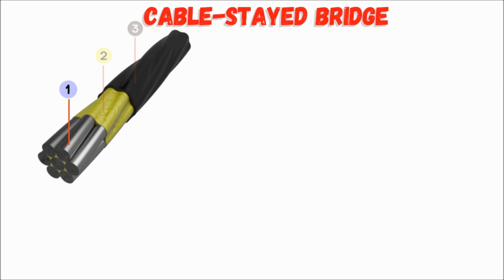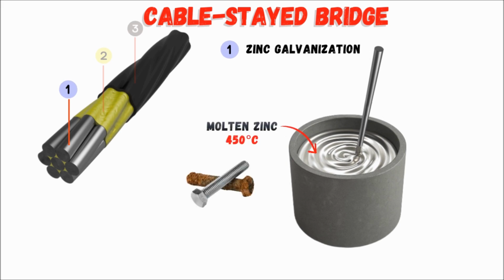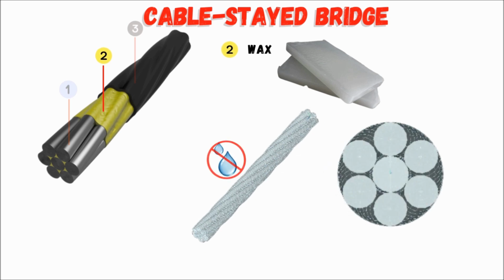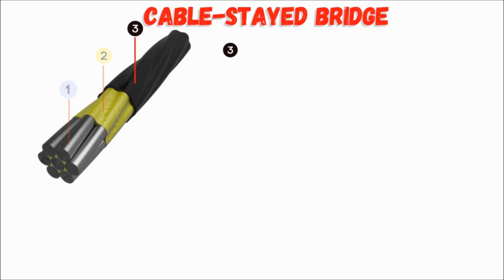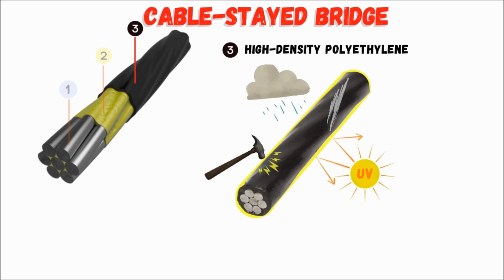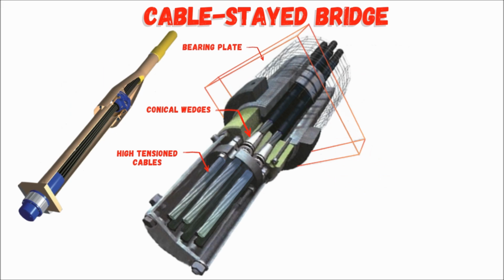The primary barrier is provided by a standard zinc galvanization of each wire for superior corrosion resistance, then wax as filler material to block moisture and oxygen entry by sealing the gaps, and finally it is enclosed in high-density polyethylene sheathing, which acts as a protective barrier against mechanical damage like impact, abrasion, etc., and environmental damage like rain, UV, etc. But the HDPE sheathing should be removed for a specific length, as mentioned in the drawing, within the anchorage zone.